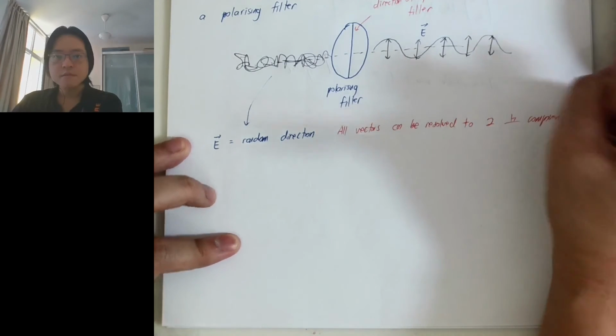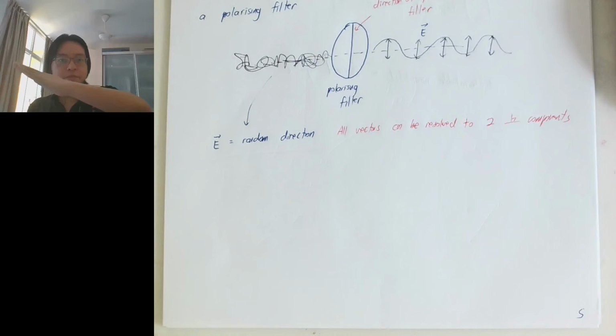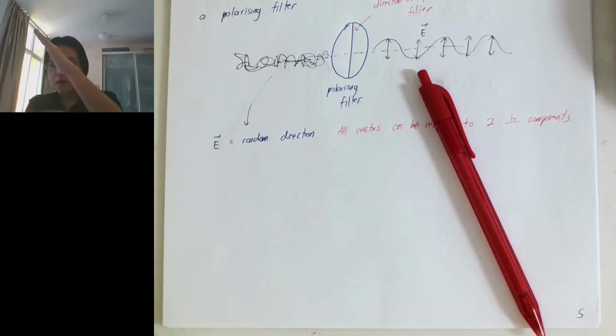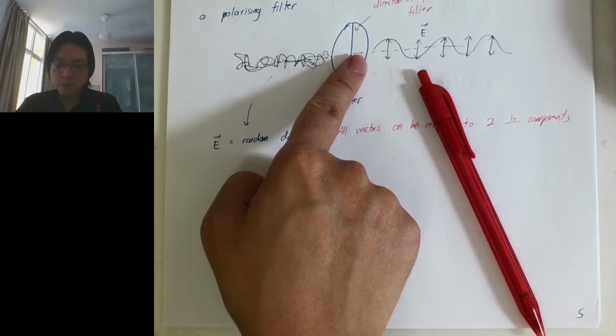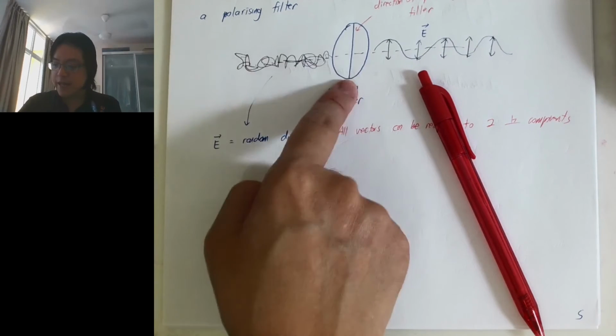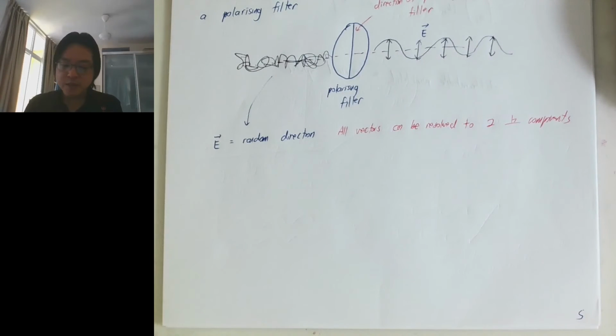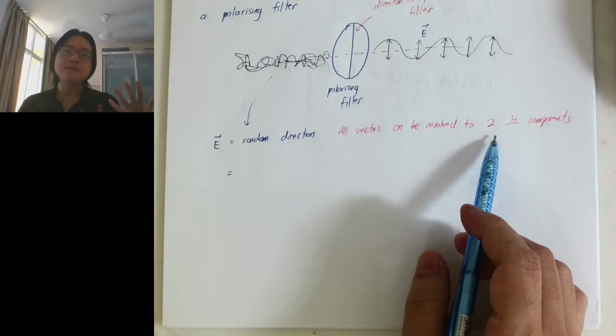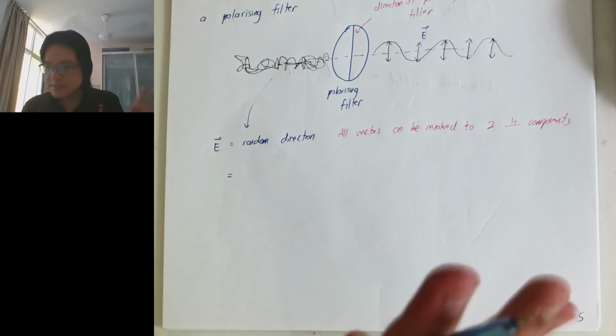Even if it's random, it could be this way or this way, no matter the direction, it always has a horizontal and a vertical component. So let me put one direction this way, and the other direction perpendicular to it. Two components, fine.